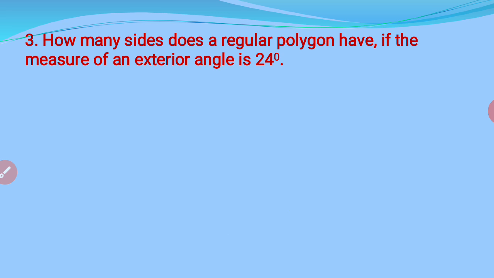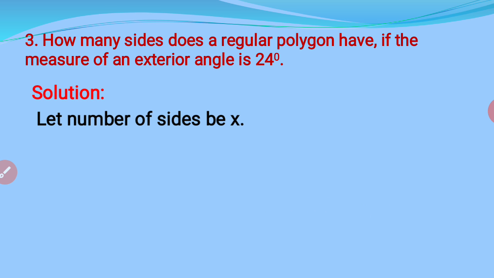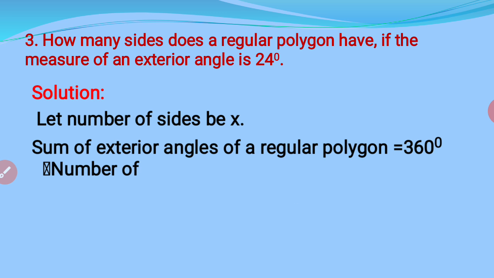Question number 3. How many sides does a regular polygon have if the measure of an exterior angle is 24? Now we are considering the number of sides to be x. Here, the number of sides will be equal to 360 divided by the measure of an exterior angle of a given regular polygon.